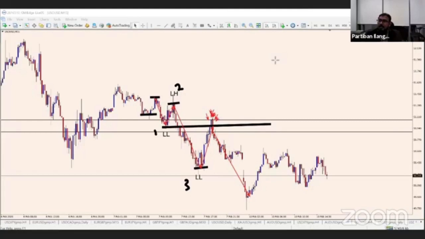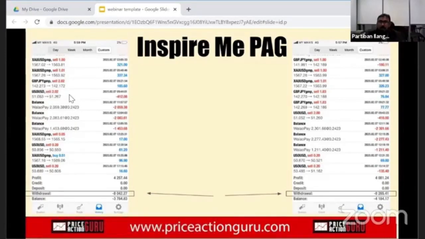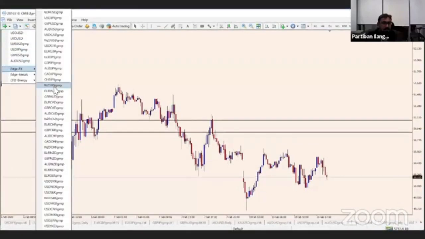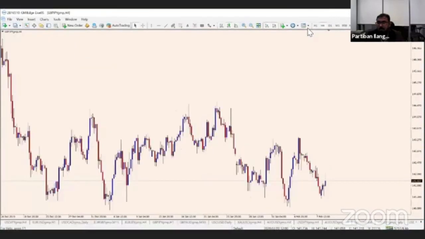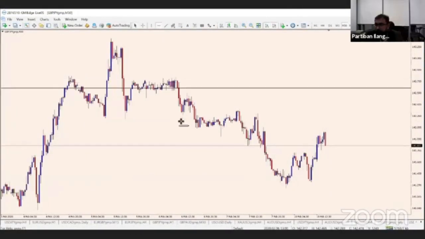Now let's look at this trade. So this is the price that he took, and let's look at the gold or GBP yen, 142.27. GJ, yeah, 142.27.